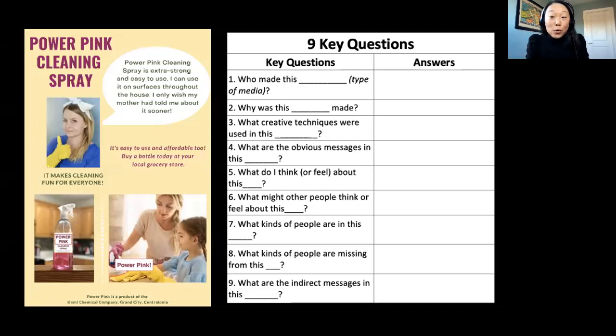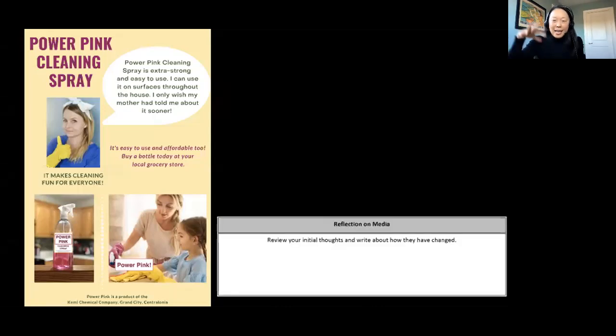Look at who's in the ad, who's missing from the ad. That's the point of the exercise. And the last part of the handout is a reflection on it. You want students to review their initial thoughts that they had written down in the beginning, and then write about how those initial thoughts may have changed after doing the analysis using those key questions.